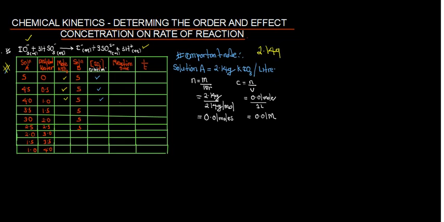So this 2.14 grams was given as the mass of the potassium iodide per liter. So from this we can find out what were the initial concentrations and what were the initial number of moles before dilution. And when I say before dilution, I mean no distilled water was added to solution A.